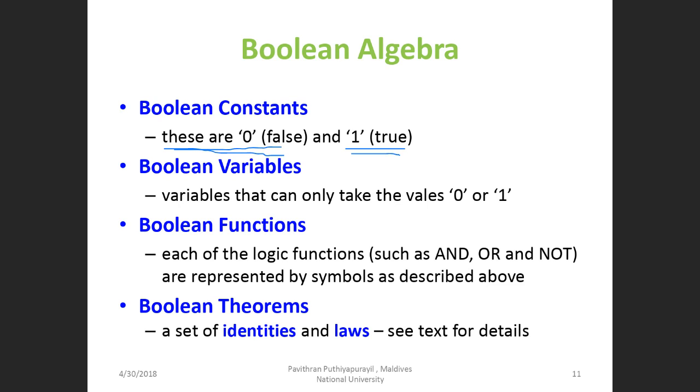Then Boolean functions are nothing but your logic functions, or you can say logic gates. What are your logic gates? AND, OR, NOT. I already told you, these are the 3 fundamental gates through which we can generate every gate in digital electronics.